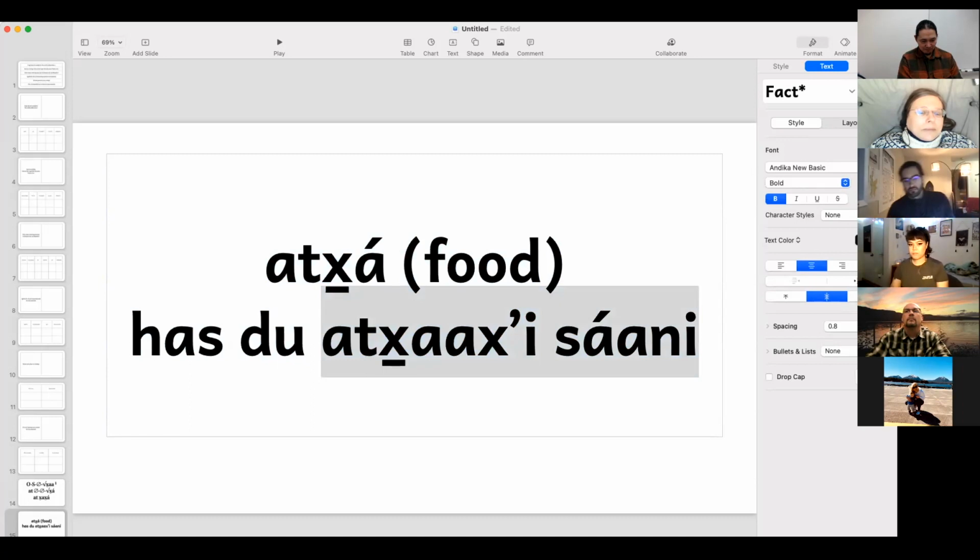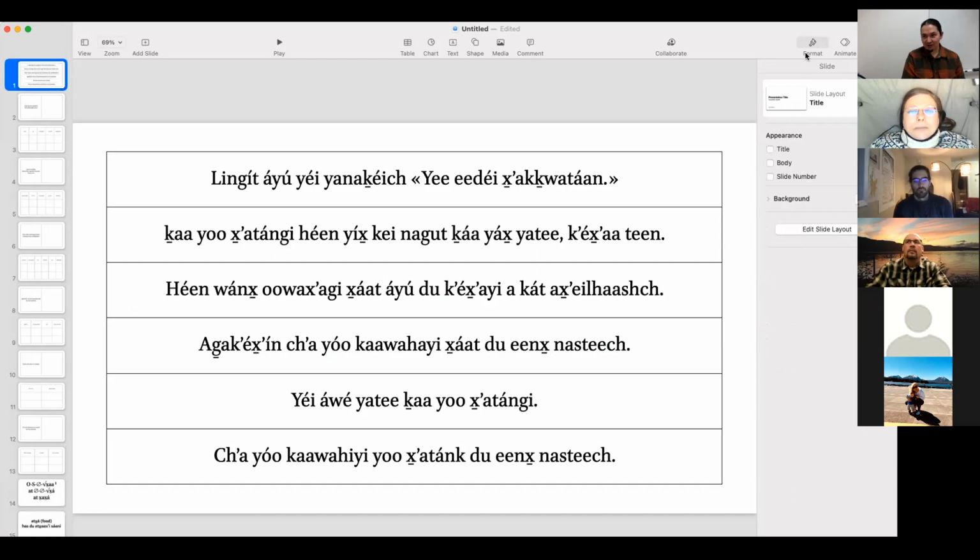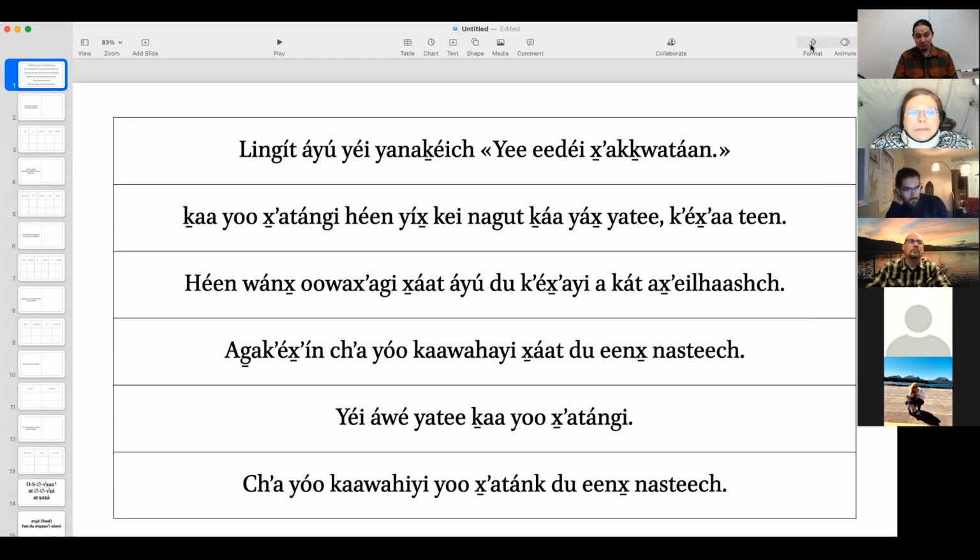Okay. So let's get back to this cooperative translation exercise. So we have this phrase, or this is like a complete little speech.